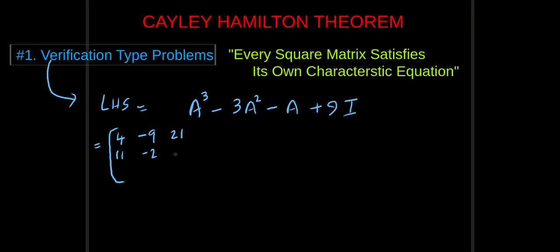Just copy the matrix, 1 minus 7 7, minus 3A square.